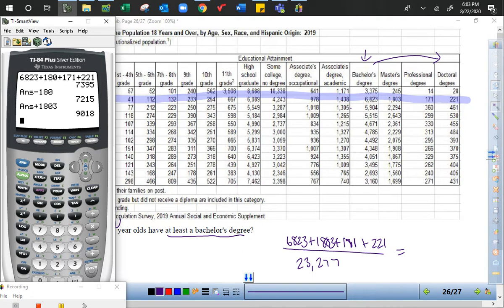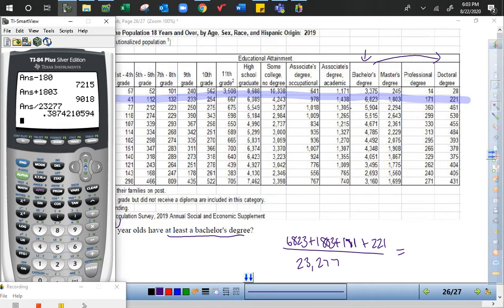Okay, so now we've got that total where we can divide it by that 23,277. Now remember, all of these numbers have 000 on the end, but for percents, because they both are rounded, you do not have to add those extra zeros. It will divide out to be the same percentage.